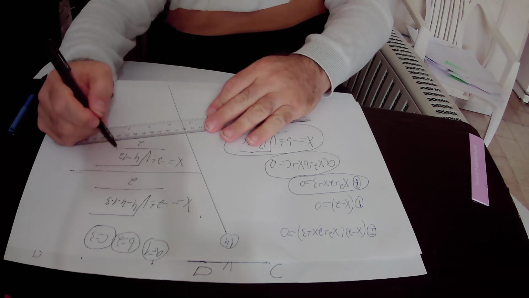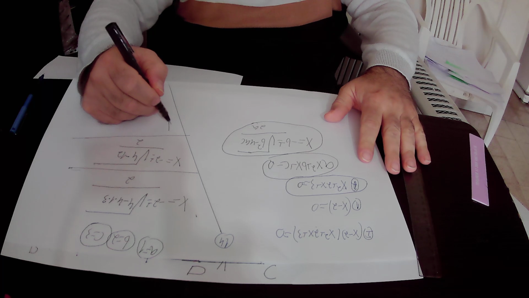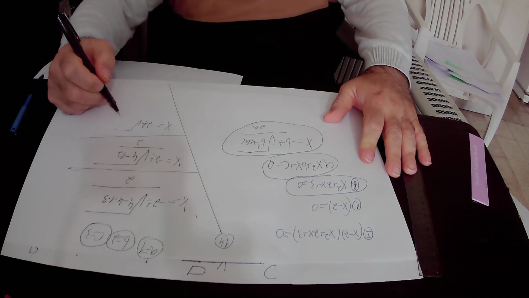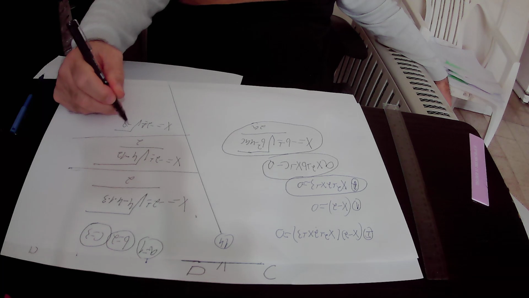So x equals minus 2 plus minus the square root of 4 minus 12, which is minus 8, over 2.